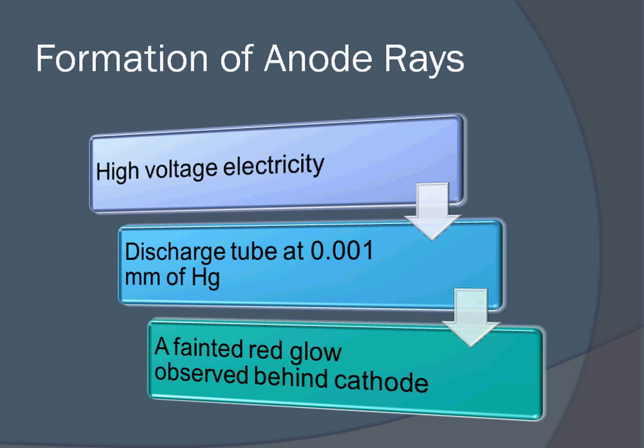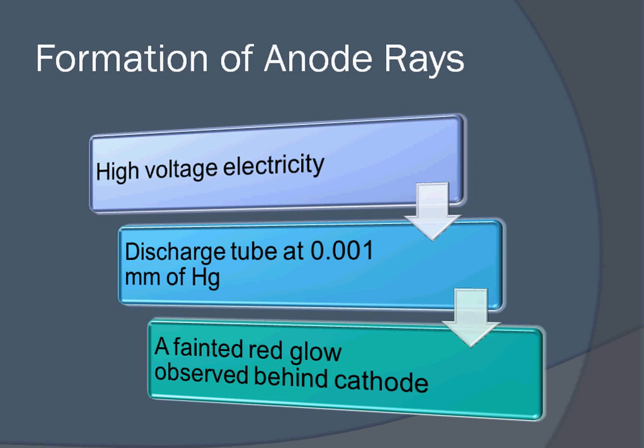So it is said that positively charged particles, the anode rays or positive rays, are formed, which make the glow beyond the cathode. The anode rays consist of positively charged particles formed by the removal of one or more electrons from the gas atom. Let's understand the explanation of this conduction of electricity through gases.